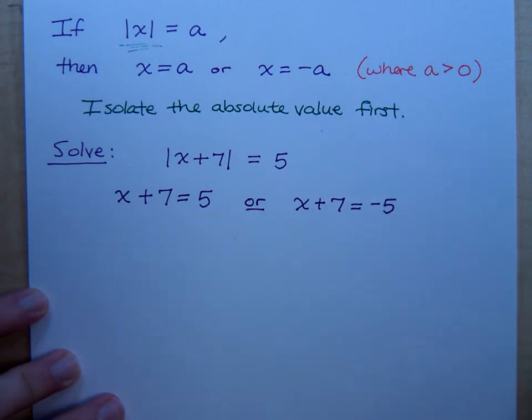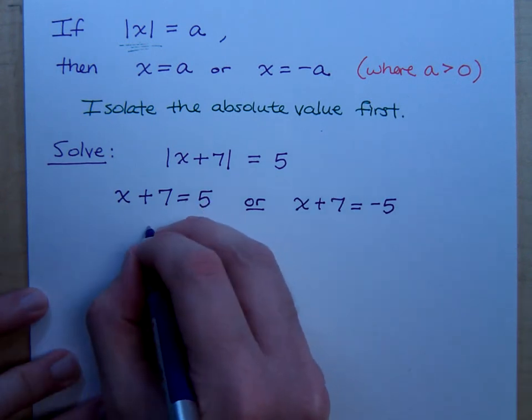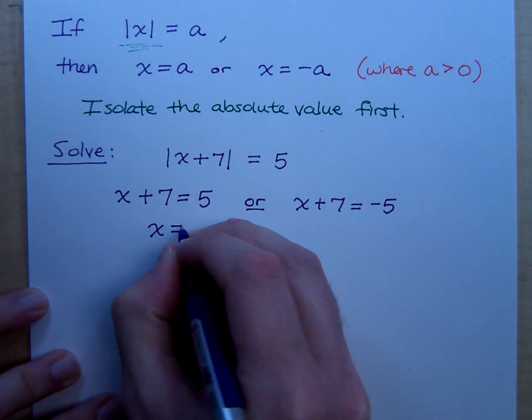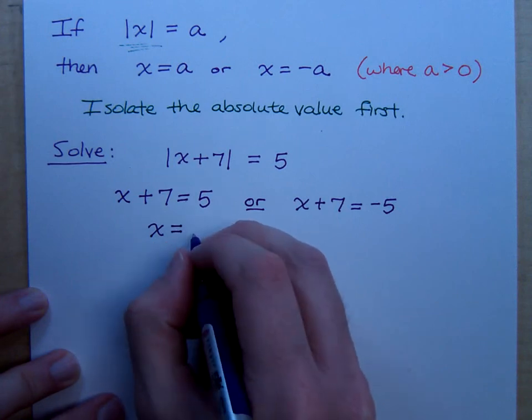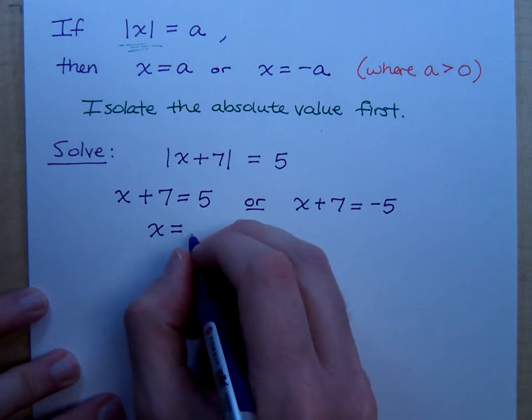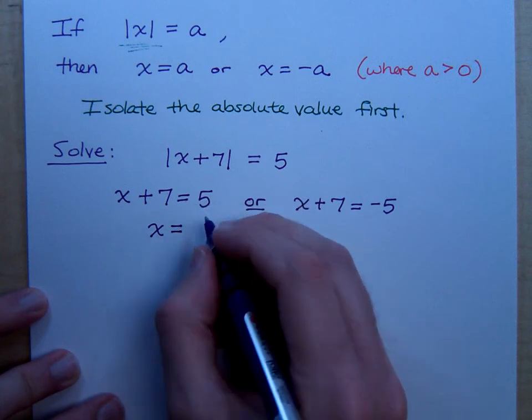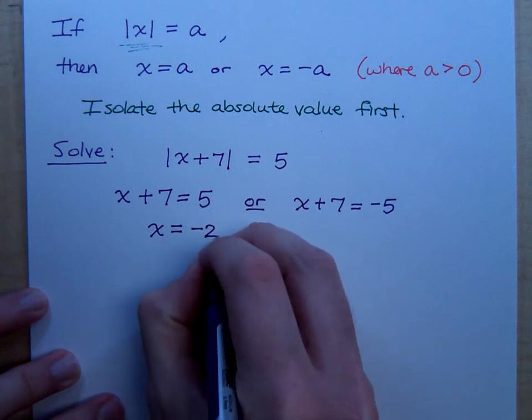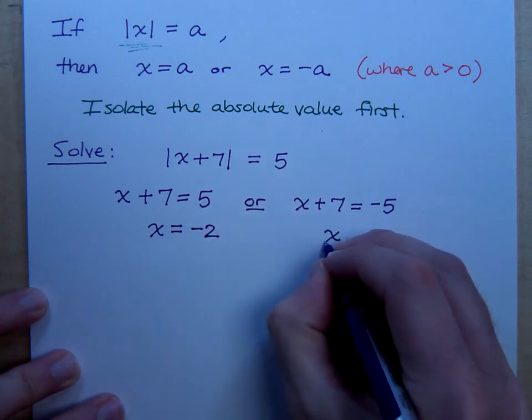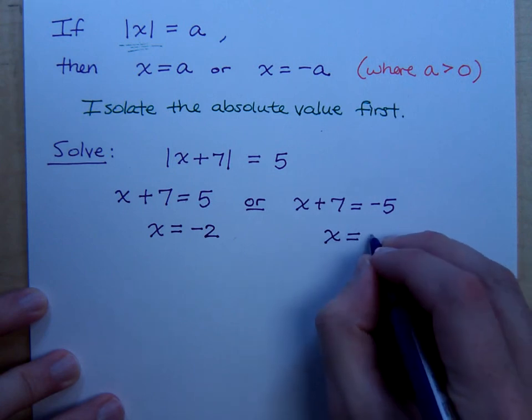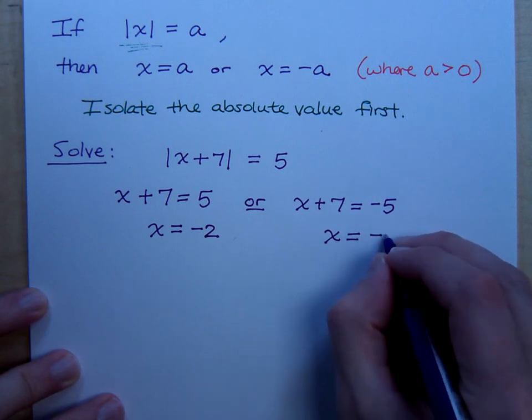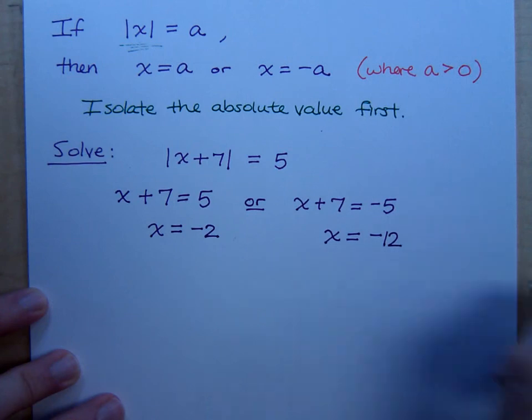So now I have 2 small equations and I know you know how to solve them. How do you solve the first one? You guys are being recorded, just so you know. Move the 7 to the other side, you get negative 2, or x equals negative 12. Do you agree?